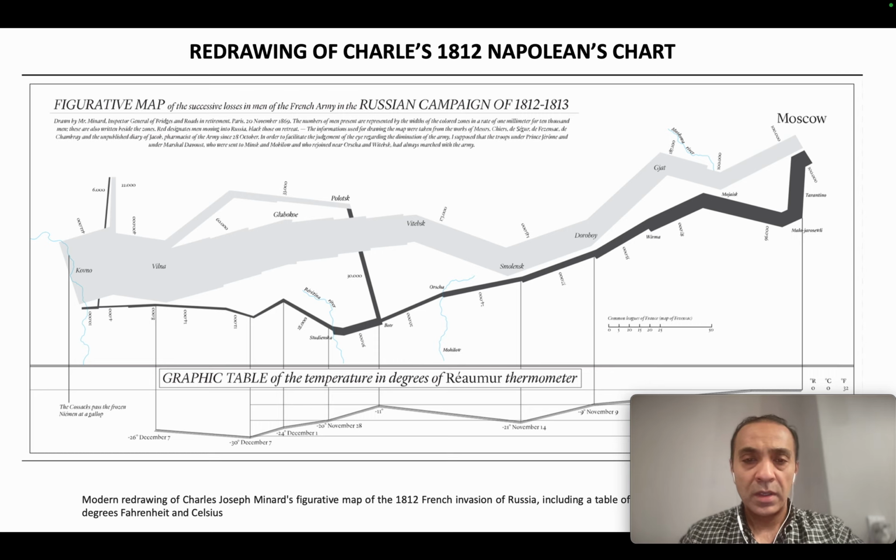It shows you the conversion in Fahrenheit and Celsius as well for the temperature. So it shows you as they were marching how the temperature was moving, because of the winter at that time.